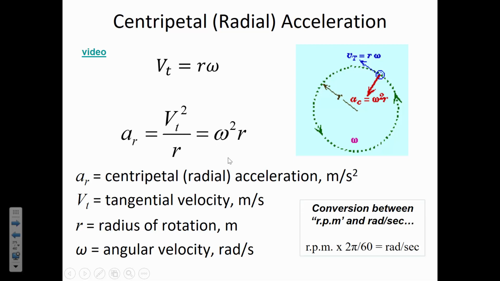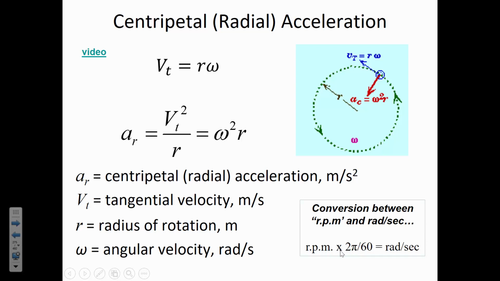Now, if we have revolutions per minute, which is pretty common, typically given for pumps, then we want to convert into radians per second. 1 revolution is 2 pi radians. And so if you have RPM, and the R in RPM means revolutions, then you'd need to multiply by 2 pi to get into radians.